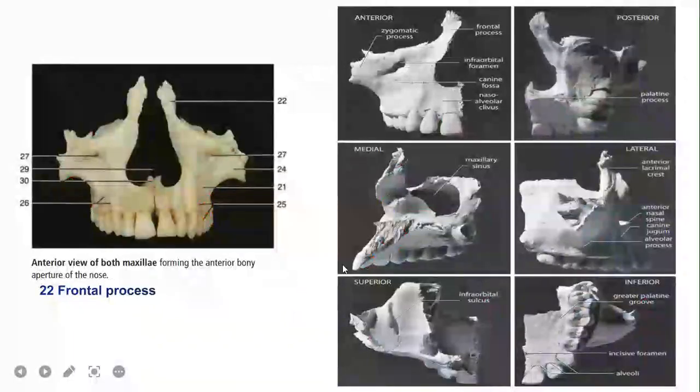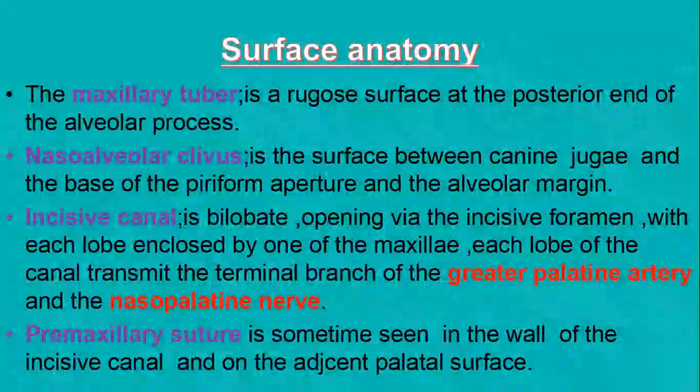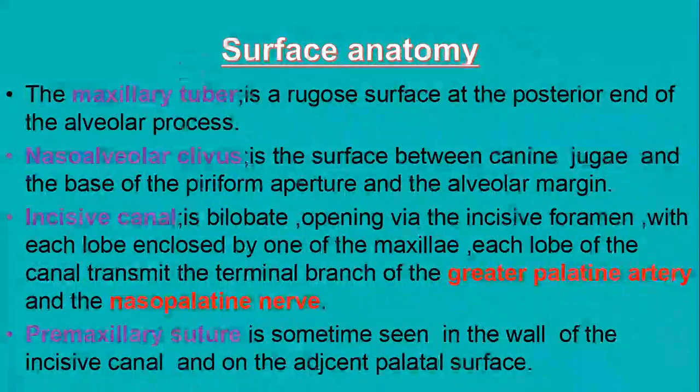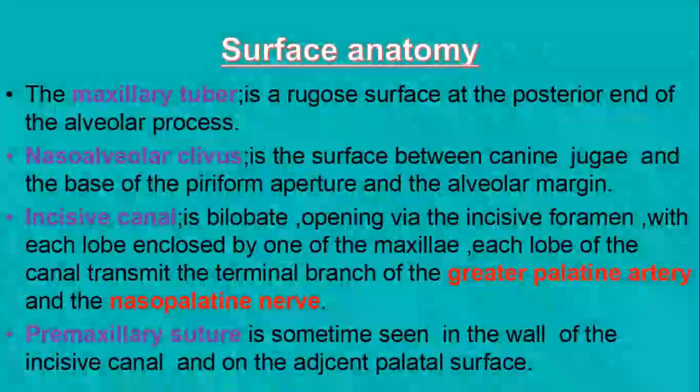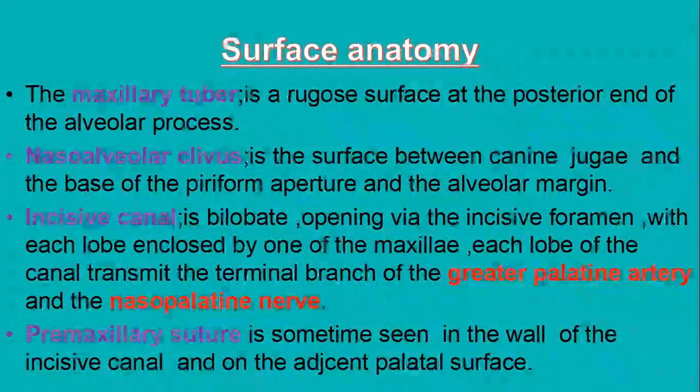Sorry for the inconvenience. For the frontal process, it's denoted by the part labeled 22. The maxillary tuber is a rugose surface at the posterior end of the alveolar process. The nasoalveolar clivus is the surface between the canine jugae and the base of the piriform aperture and the alveolar margin.